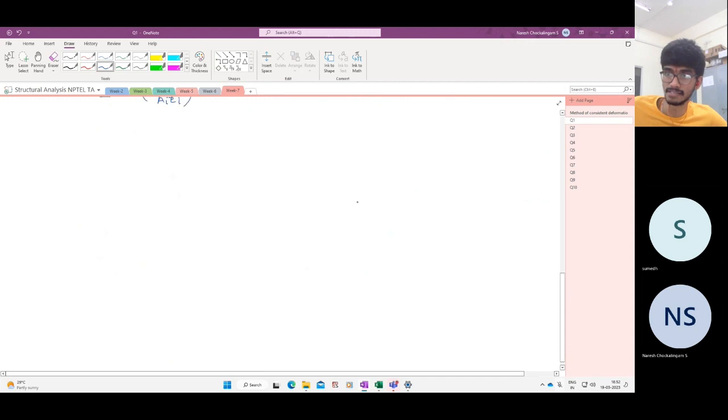So let me consider this structure where there is some overlap. I'm applying a unit force, and what will be this overlap? It will be nothing but FAD, and the rest of the structure is the same.